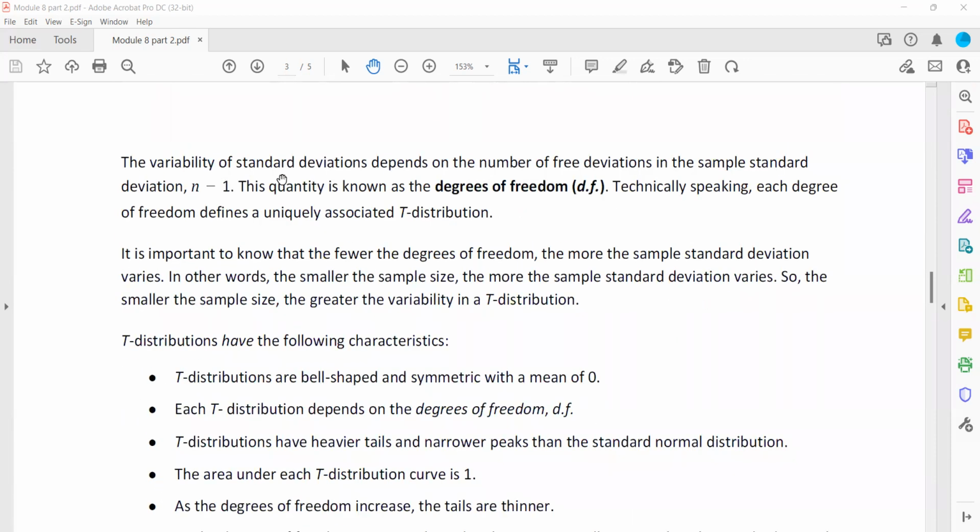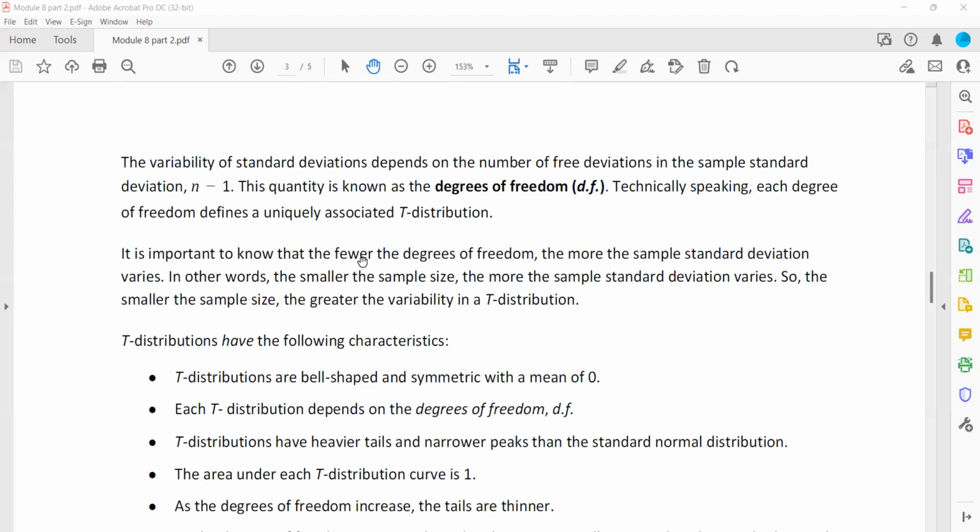The variability of standard deviations depends on the number of free deviations in the sample standard deviation, n minus 1. This quantity is known as the degrees of freedom, or df. Technically speaking, each degree of freedom defines a uniquely associated T distribution. So for each degrees of freedom, you get a different shape.